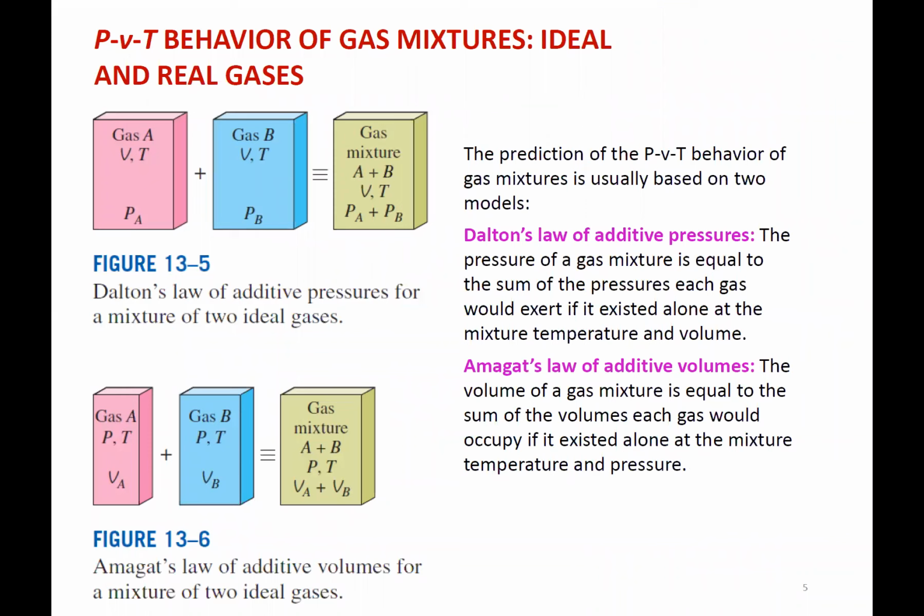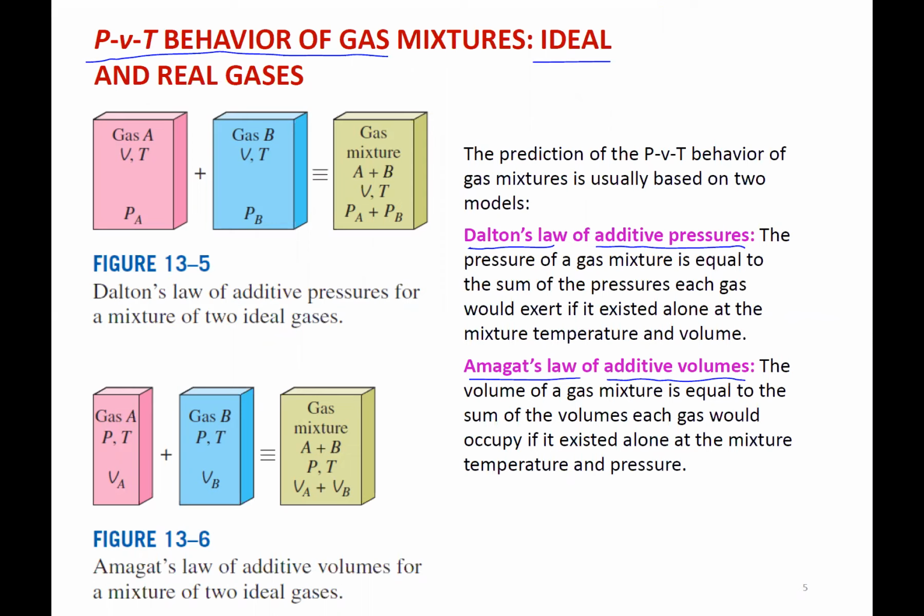All right, so we have two different laws for looking at these ideal gases for the PVT behavior. We have Dalton's law, which is additive pressures, and we have Amagat's law, which is additive volumes. Okay, what does that mean?